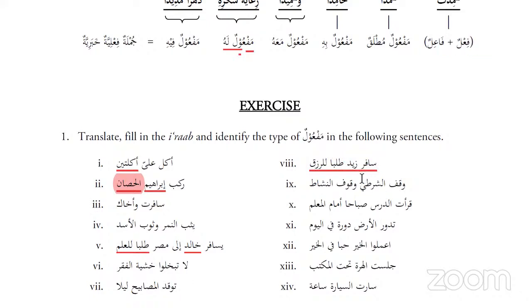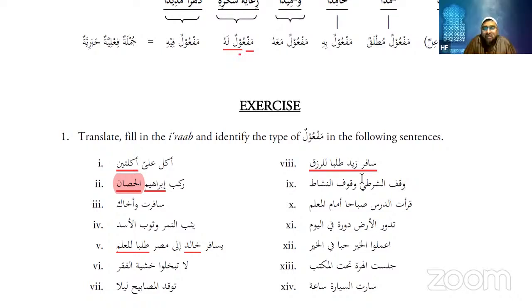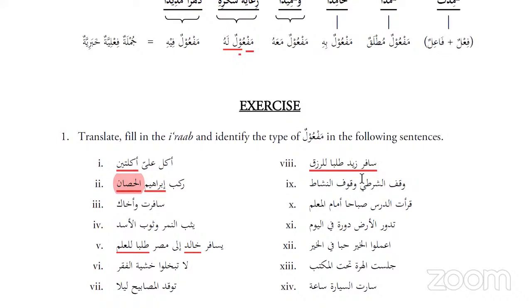So limaza, why did he travel? To get the rizq. So this will be the same one which Agha Hassan Ali did, explaining the cause of why he's doing the action. Talaban le rizki, seeking rizq.